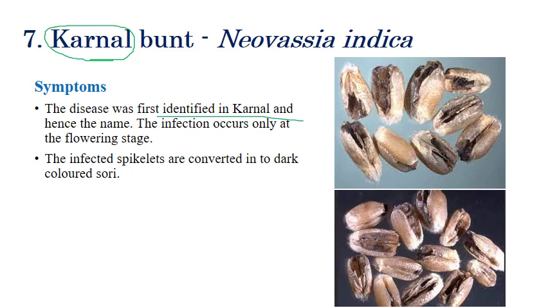Infection starts at the flowering stage itself. The infected spikelets or grains are converted into dark smut spores, as seen on the right side. This is a very dangerous pathogen that leads to 100% disease losses.